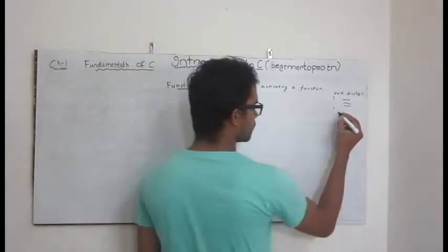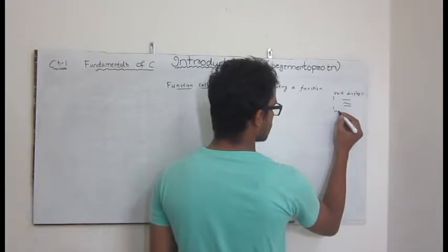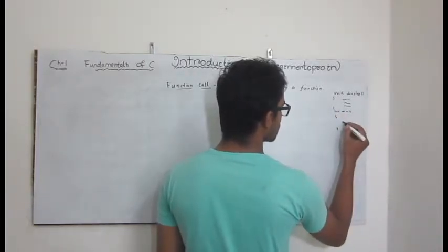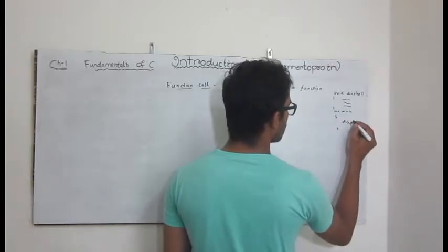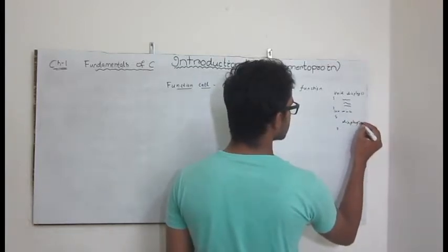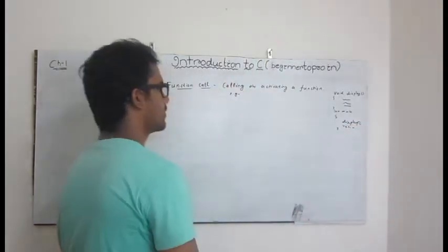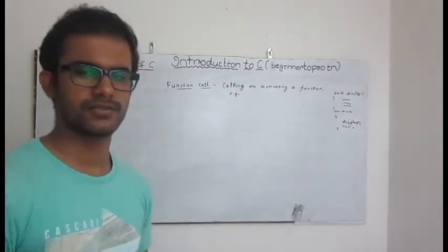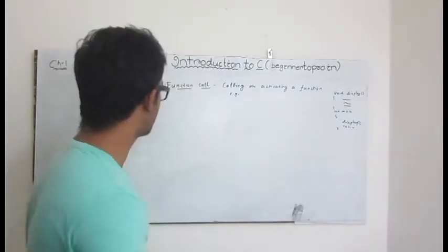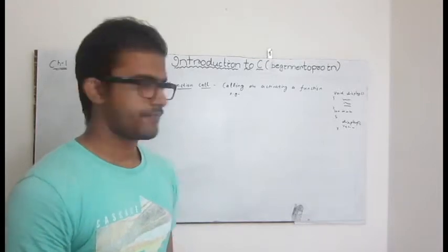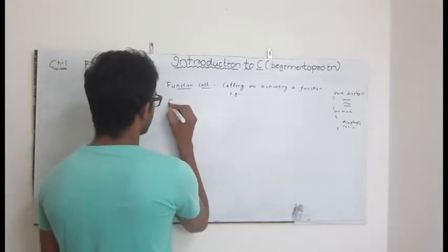So what we need to do is, in the main function, call the function which we have declared above. That's all. So after this function call, our next point will be function argument.